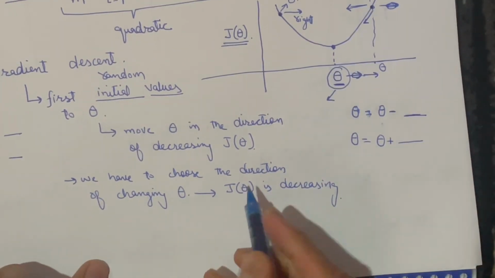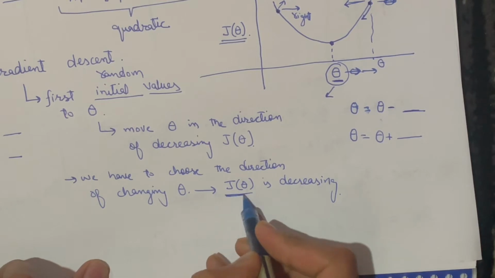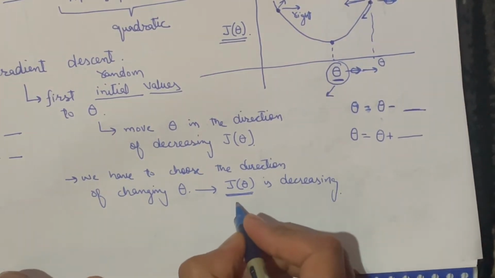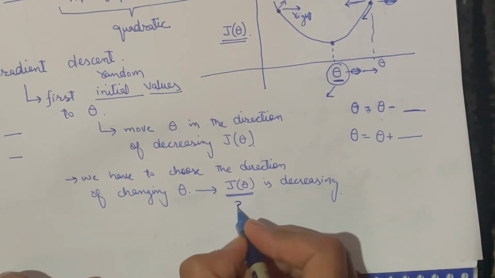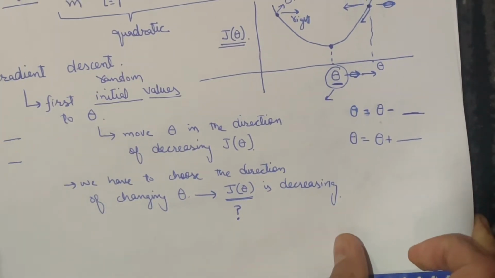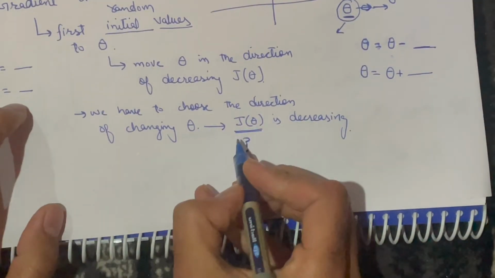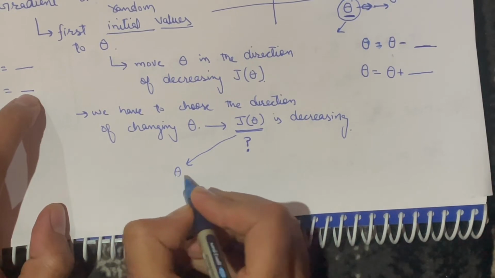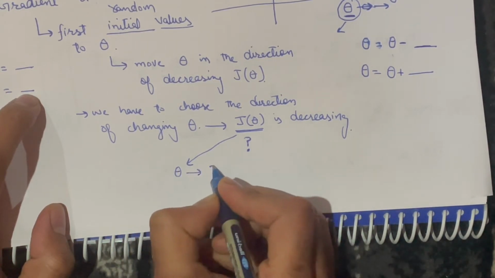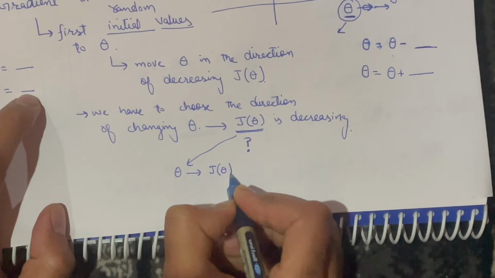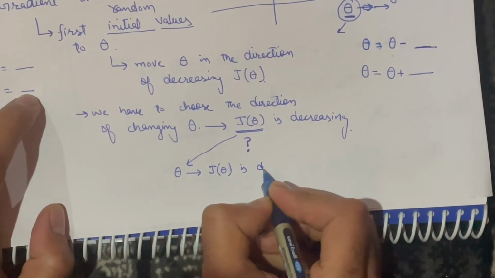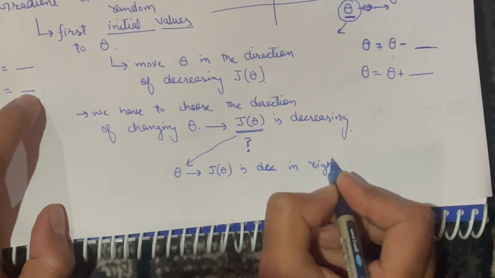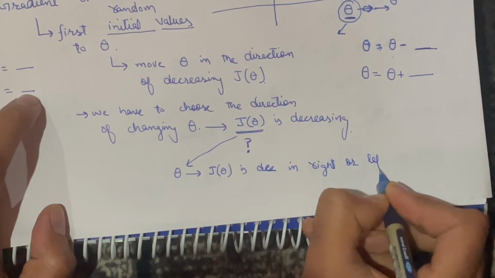Now we have to choose how we will find whether J theta is decreasing on the right side or on the left side. This question we have to answer. At a particular theta, I have to find whether J theta is decreasing on the right side or the left side.